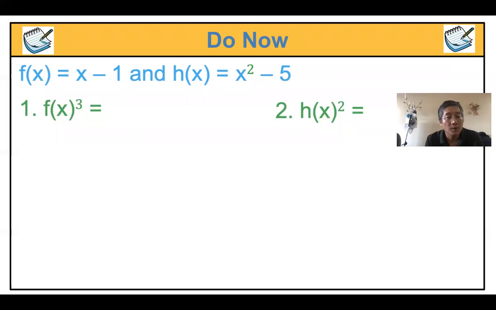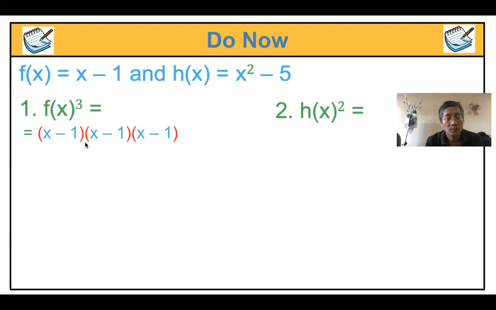So f of x is x minus 1. And number one is f of x to the third power, f of x cubed. How do you do it? So this is x minus 1 to the third power, which is x minus 1 times x minus 1 times x minus 1, right?